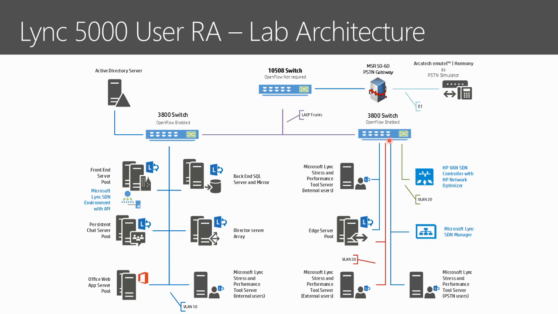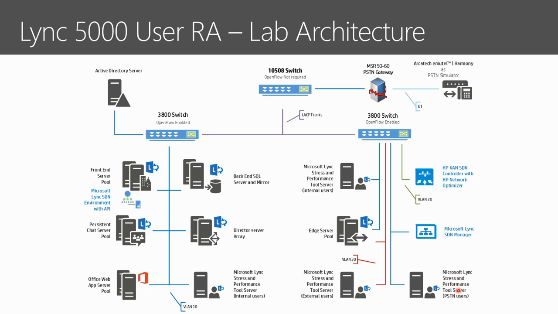On this side over here, we have VLAN 30, VLAN 20, and VLAN 10. The 20 is for the switch and the SDN VAN controller. We have the 30, which simulates the edge servers, and we actually have a separate stress and performance tool server that's simulating the external calls in.